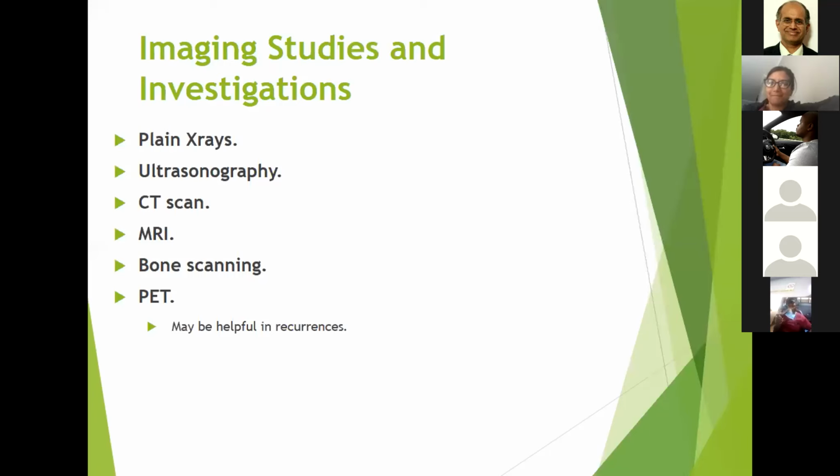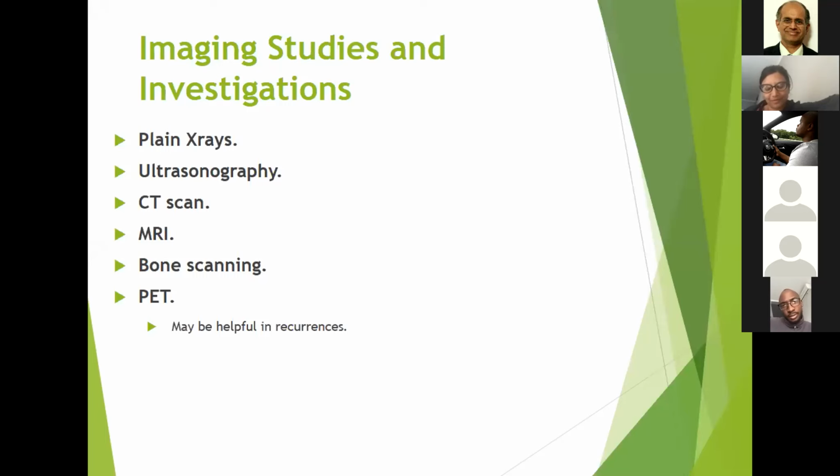And then you have the CT scan, which basically shows you the extent of the lesion. It also shows you if there are metastatic lesions already. And then we also have our MRI. MRI is the gold standard for soft tissue tumors because you are able to see the tissue very well, with little radiation as well.